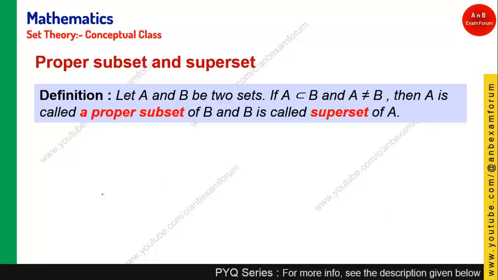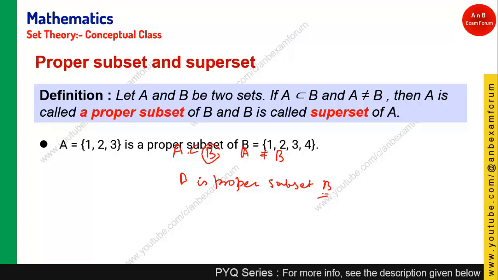Let's see the next type. It is a proper subset and superset. We have seen A is a subset of B, and if we are saying that A is not equal to B, what does this mean? A is a proper subset of B, and in other words B is a superset of A. These are simple definitions you should remember.